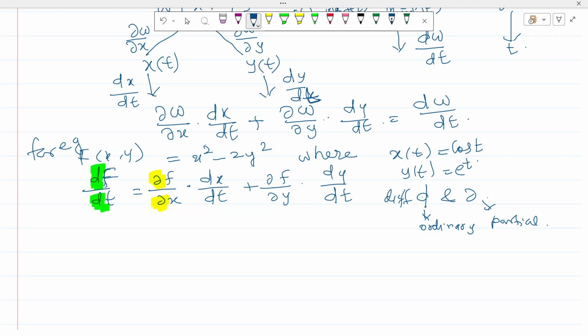Listen, for ordinary differentiation, the function is of only one variable. That means there is no other variable here. The function may be a function of x comma y, but x and y are functions of only one variable t. That means f is a function of x and y, but x and y are functions of t.